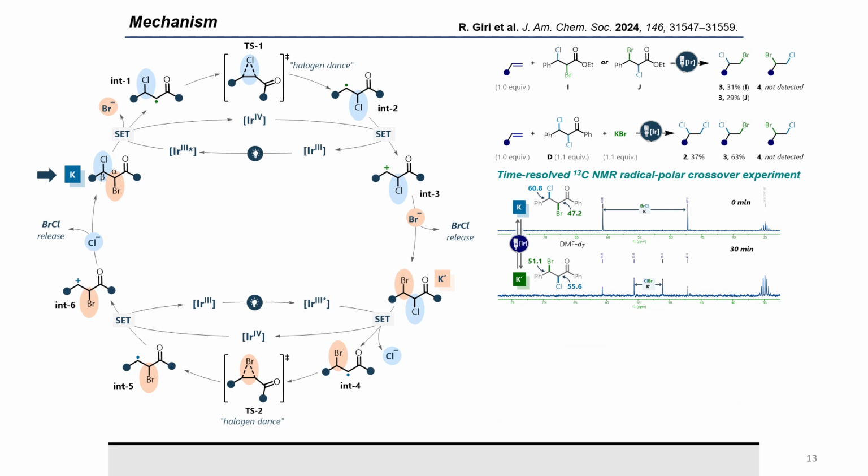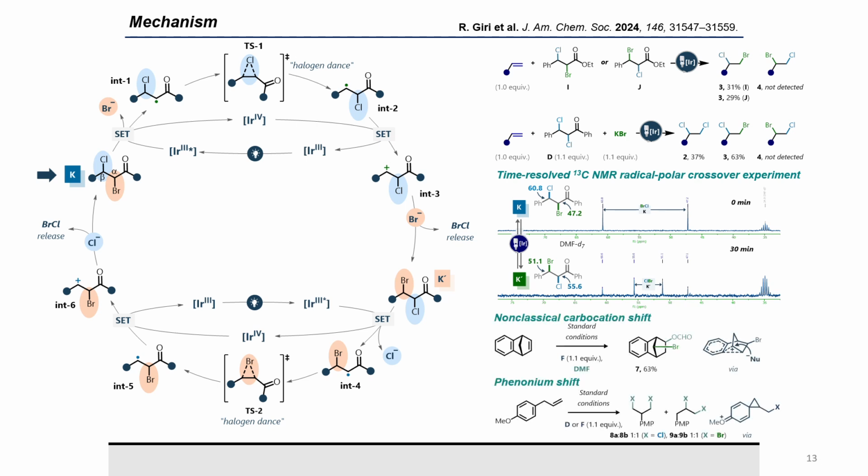We never saw the opposite regiochemistry in this case. And we also did a crossover experiment using KBr and found that if there is a bromide ion present in the reaction mixture, we can also get ClCl or BrCl product. But again, we never saw chlorine and bromine switch.